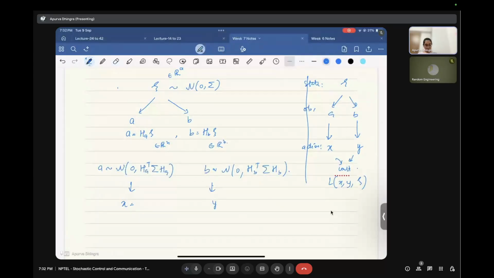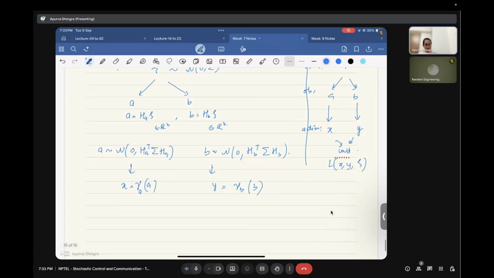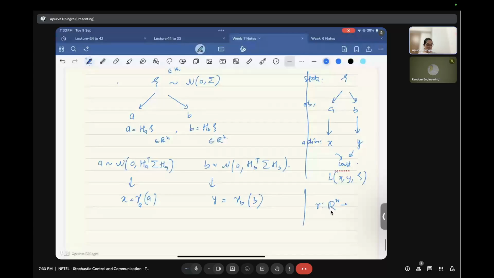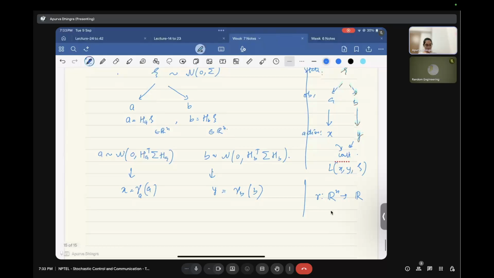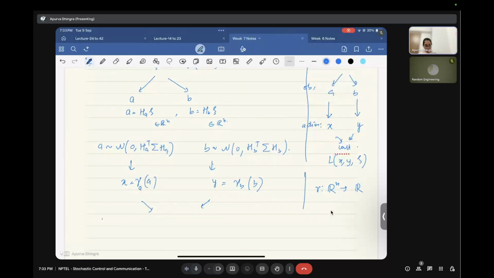Let's say that cost depends on X, Y, and the state. I don't know what the dependence is, so I'm saying that the actions are gamma A and gamma B, and I'm assuming the gammas are some functions from R^n to R. So the x and y's are scalars for me. They don't have to be, but for now I'm taking them to be scalars. The next step is to get the loss function.